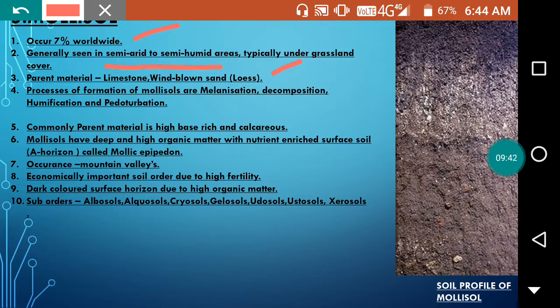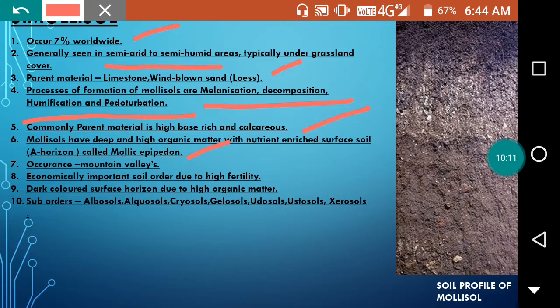And after that the processes of formation of mollisols are melanization, decomposition, humification, pedoturbation. And commonly the parent material is high base rich and calcareous. After that we are seeing that mollisols have deep and high organic matter, with a nutrient enriched surface soil. The epipedon is called mollic epipedon. The meaning of the mollic epipedon is that it contains deep and high organic matter.